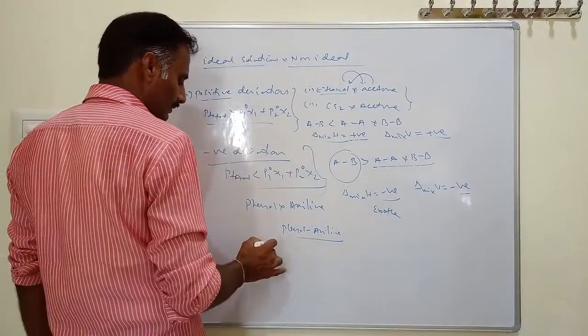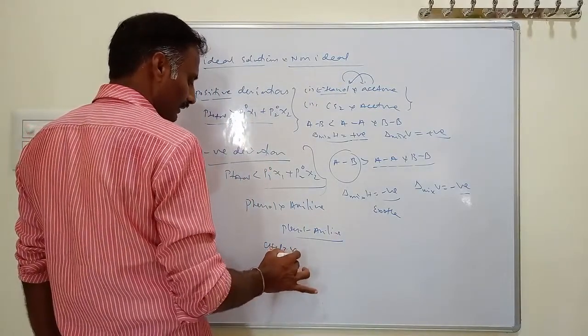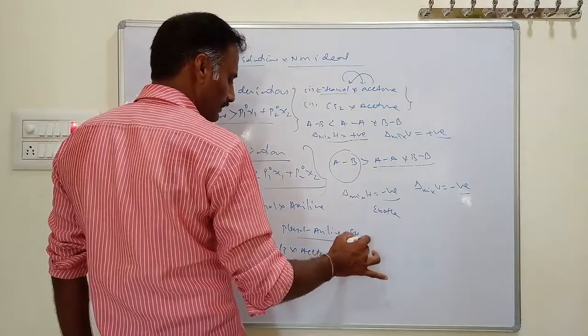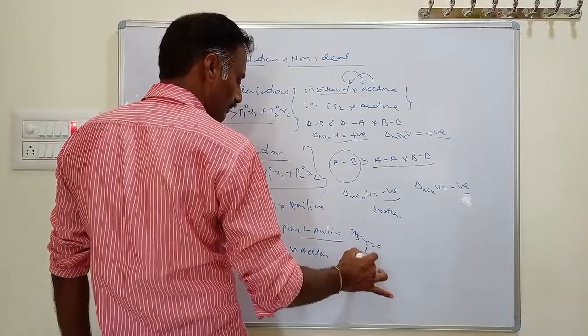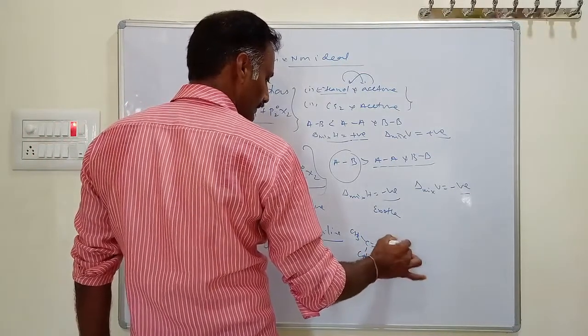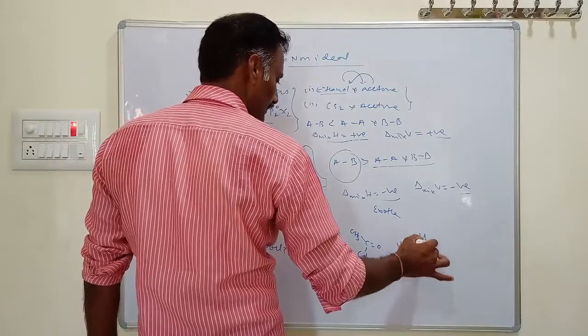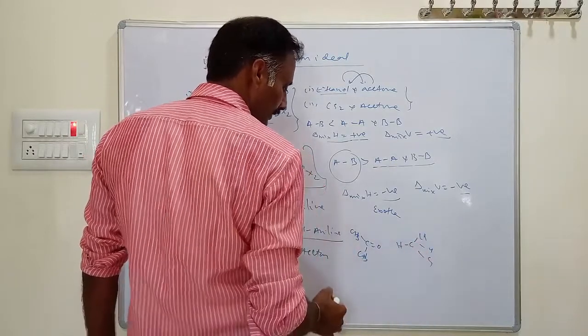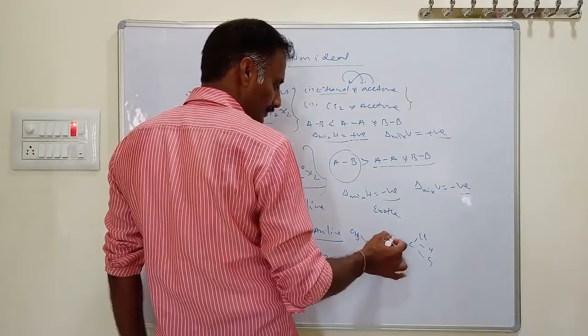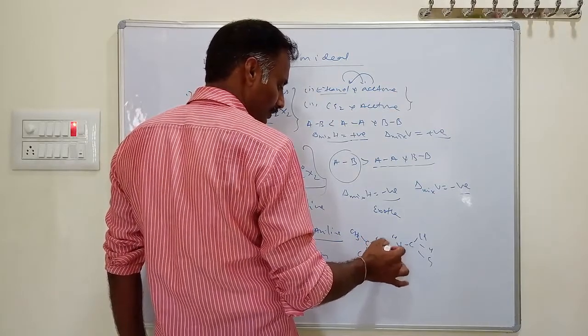Similarly, one more example is chloroform and acetone. Acetone is CH3 C double bond O. And chloroform has H, C and Cl. The oxygen has a negative charge and the hydrogen atom has a positive charge, held by hydrogen bonds.